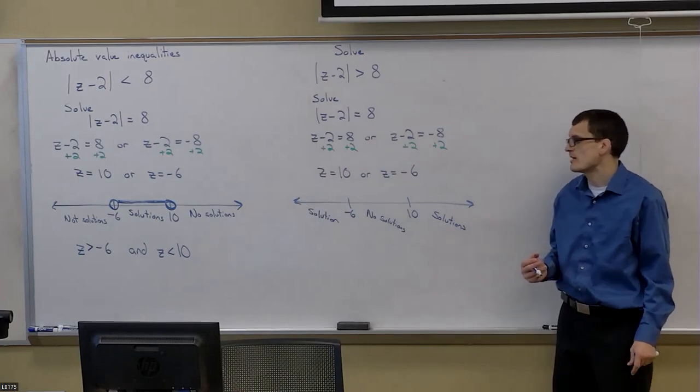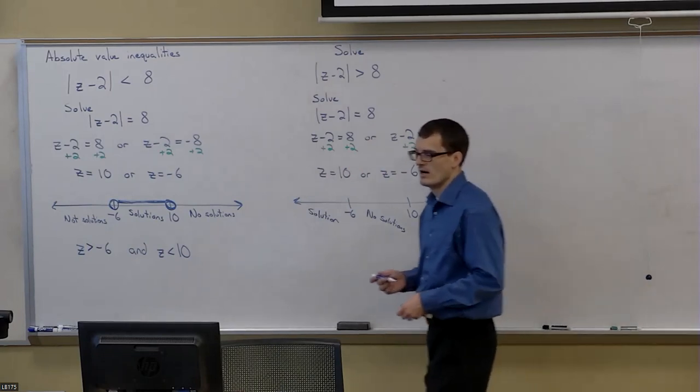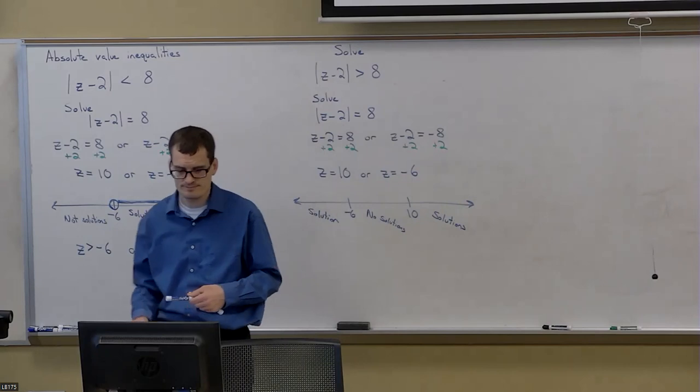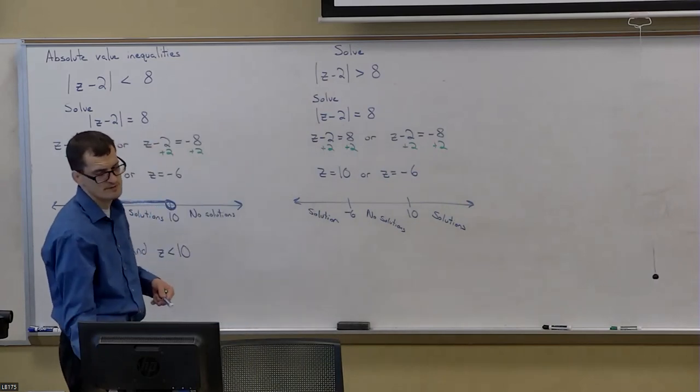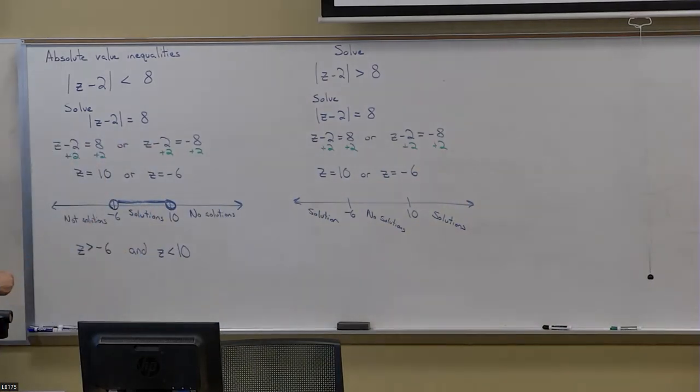So when people talk about the solutions here, you could either write your solution on a number line, like this, or say that it's all numbers which are bigger than negative 6 and less than 10. So that's the algebraic version of the solution.